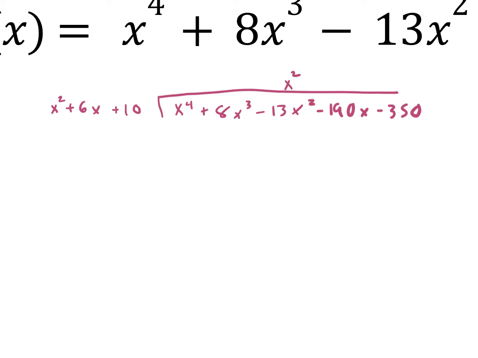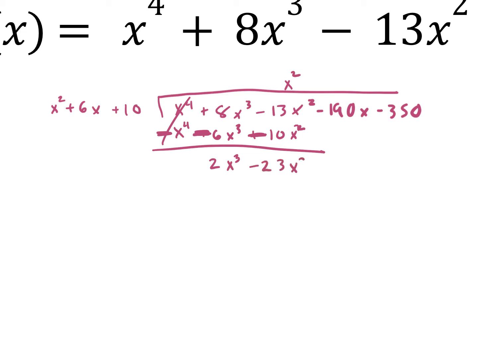Multiply what's out top with what's out front, so we get x to the 4th power plus 6x cubed plus 10x squared. What do I have to do next? Change a sign, change a sign, change a sign. Combine. So I get 2x cubed minus 23x squared.